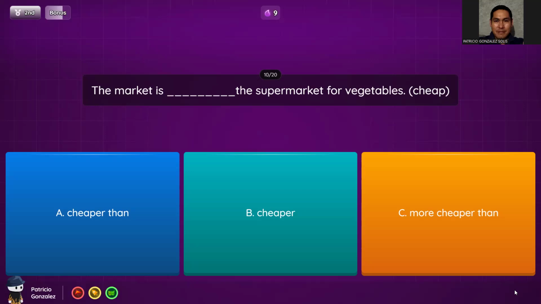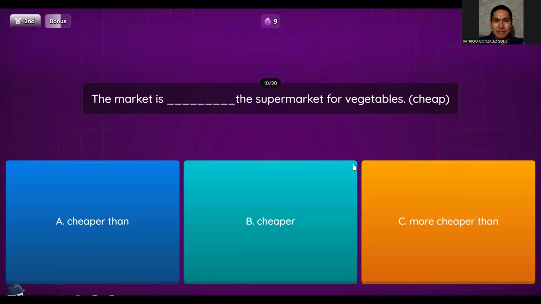my friend Alejandro Arturo, what about this? The market is more cheaper than the supermarket for vegetables. Okay.